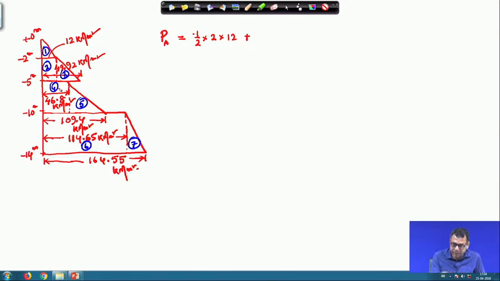So, 12 into the height, which is 3 meter, because this height is 5 minus 2, 3 meter. Then this triangle is half, and the total is 49.92, so half into 49.92 minus 12, into 3. Okay. This is for the third part.